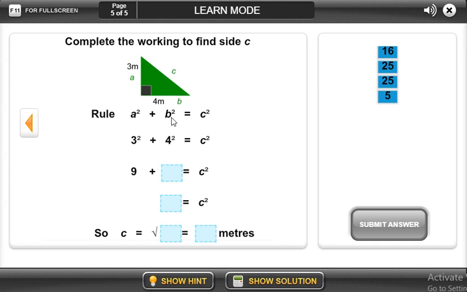B squared is 4 squared, which is 16. Add those two squared numbers together and we have 25. Right, so to reverse this, the opposite of squared is square root. So we take the squared over the other side, it becomes square root of 25, which is equal to 5.